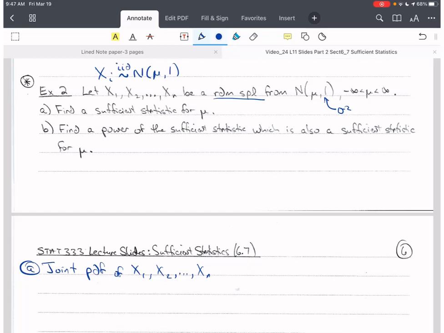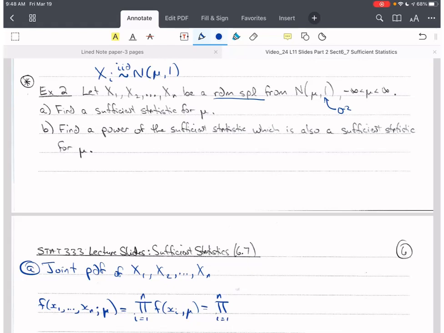All right, so the joint PDF, f of x1 up to xn given mu, is equal to the product of f sub xi given mu, i equals 1 to n, which is equal to the product, i equals 1 to n, of the normal distribution PDF.